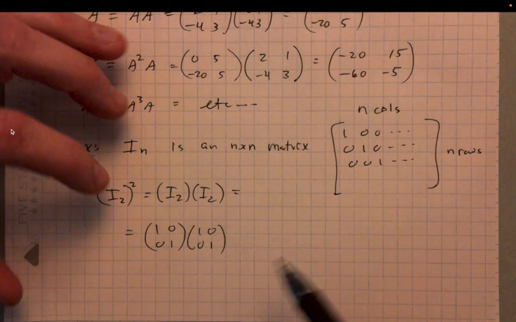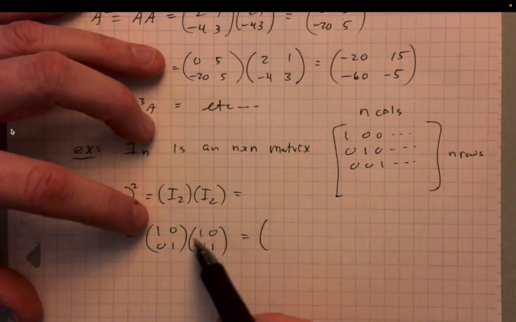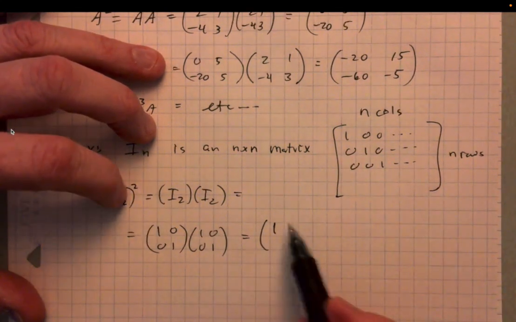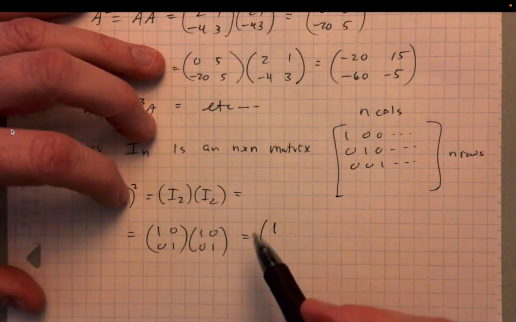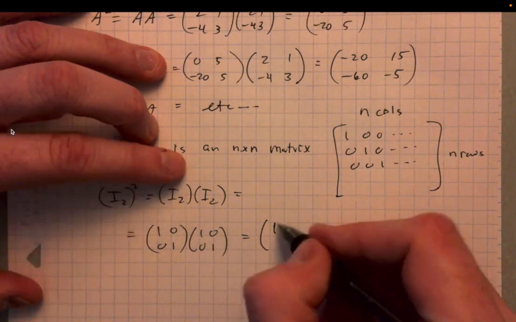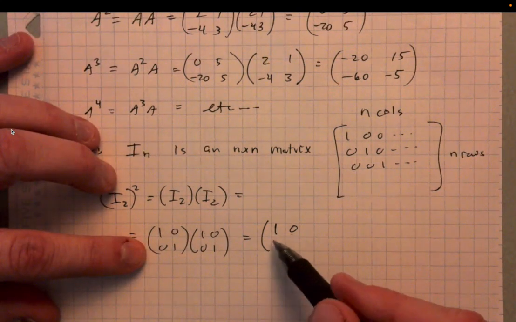Well, let's see. The first entry would be 1 times 1 is 1, plus 0, so I get a 1. The second entry in the first row is going to be 1 times 0 is 0, plus 0 times 1 is 0, so I get a 0. What about the 2,1 entry?